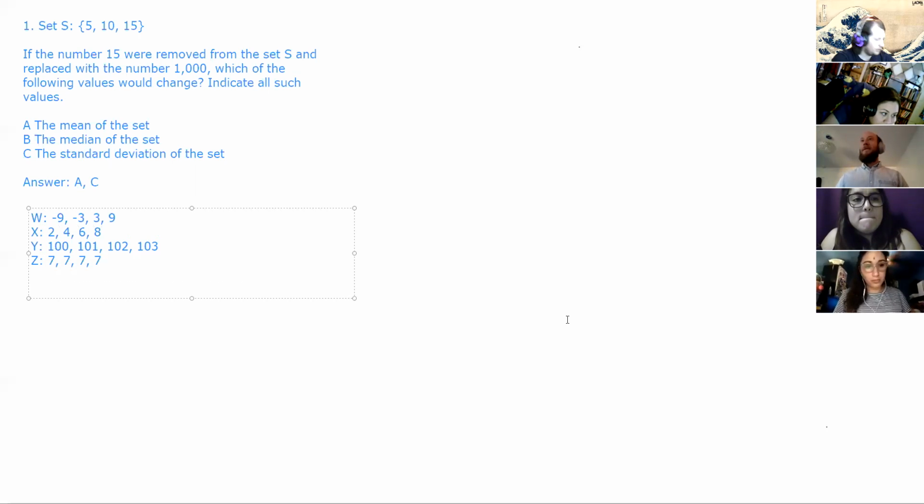Okay. Which of the following choices lists the 4 data sets above in order from least standard deviation to greatest standard deviation?